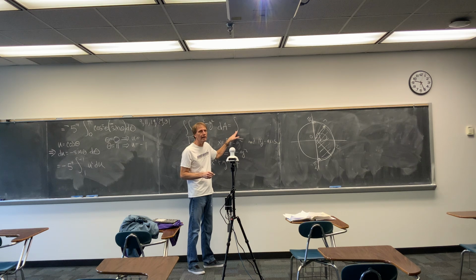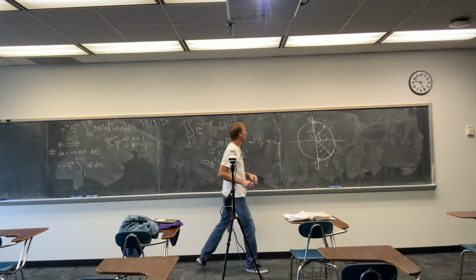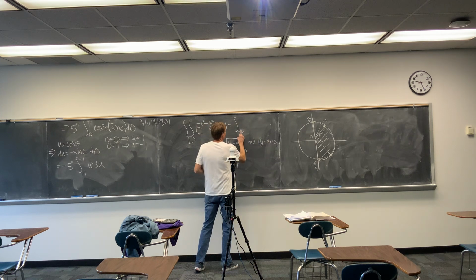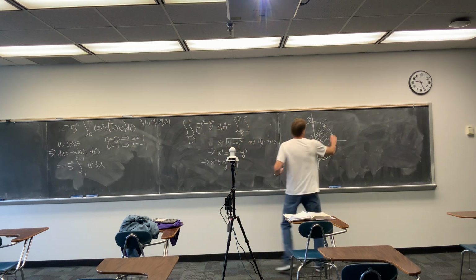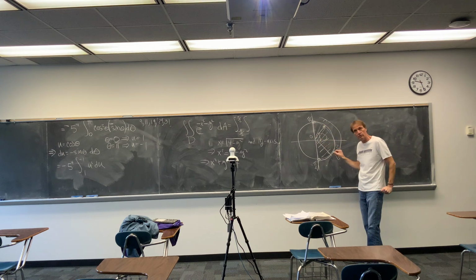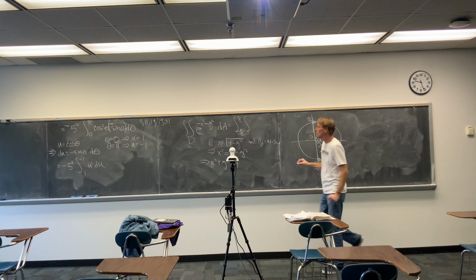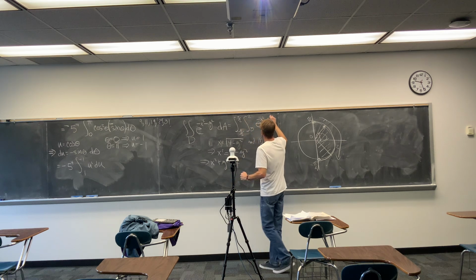Theta's running between, you guys just told me, negative pi over 2 to pi over 2. R is running between 0 and 2. Your integrand, right now, we'll keep it as x squared minus y squared.